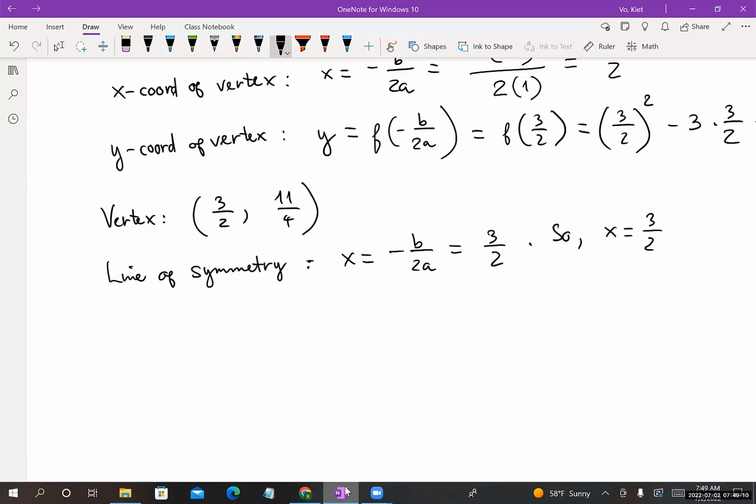Okay, so this is what we call the general form of the quadratic function. But a quadratic function also has another form, which is called the vertex form. So let's talk about the vertex form of a quadratic function.